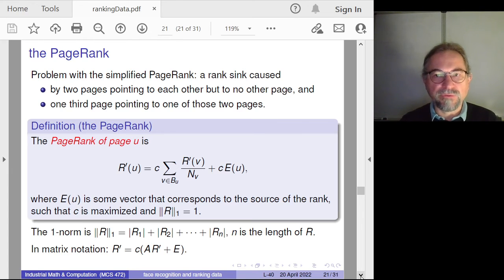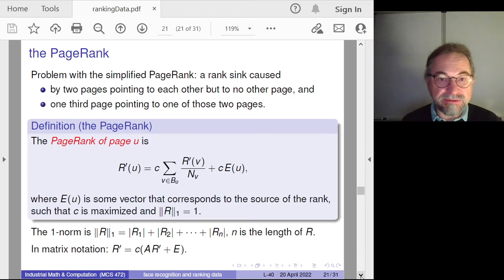In order to avoid these rank sinks, we're going to add a correction term. The correction term depends on some vector that corresponds to the source of the rank. And we will now also maximize the PageRank vector so that the one norm equals 1.